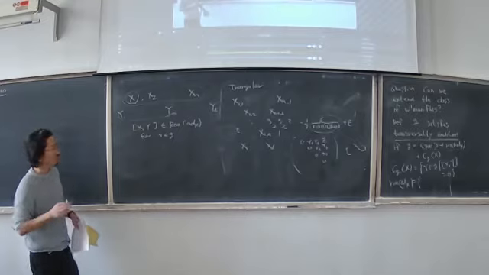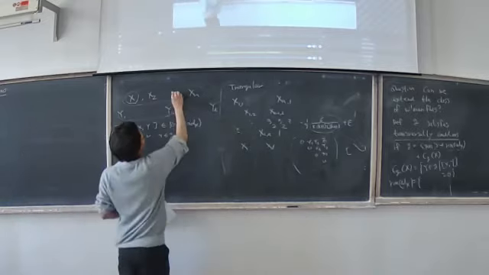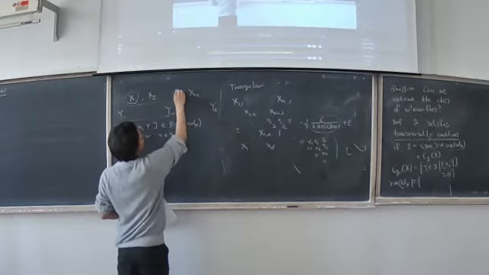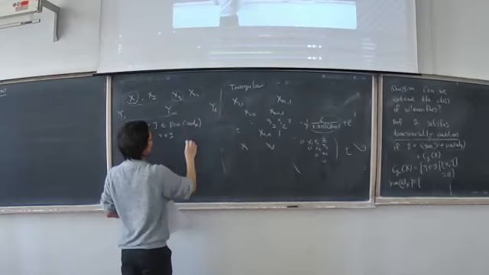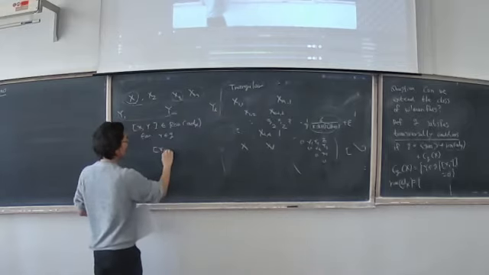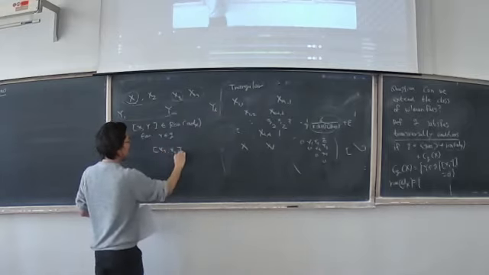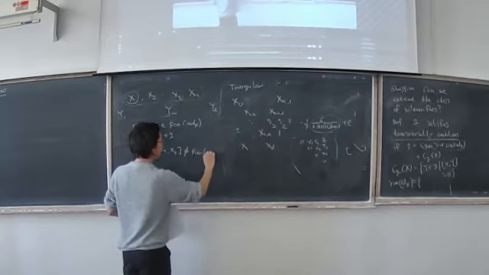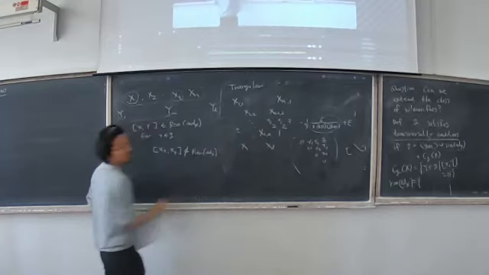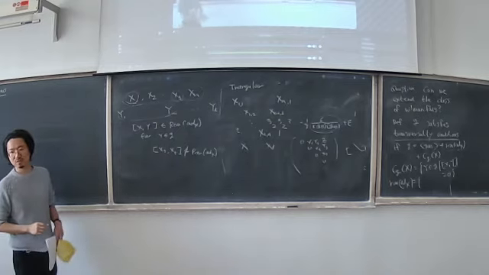So I will explain. There are some elements generated by the bracket of x3 and xn, and this may not be inside of this. That is what I mean.